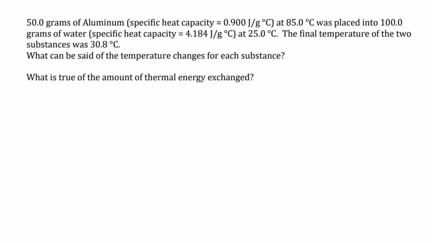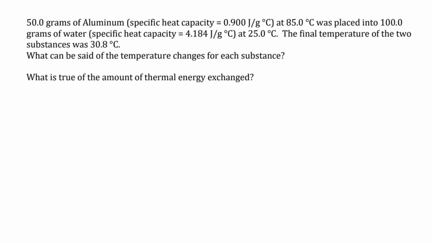When we're looking at this, we can see that the initial temperature of the aluminum is 85 degrees Celsius, and the final temperature is 30.8 degrees Celsius.